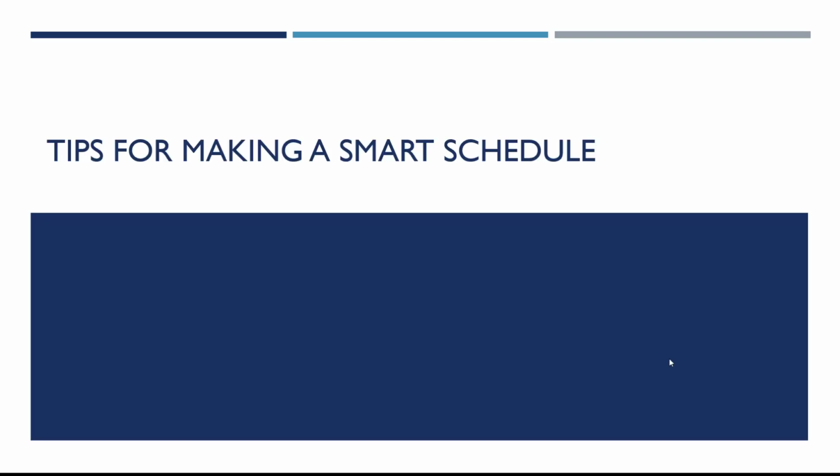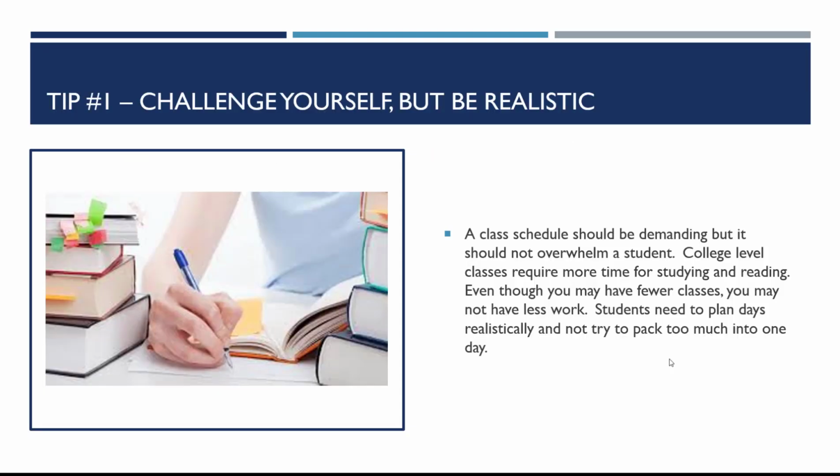Just some general tips for scheduling classes for your next semester. Challenge yourself, but be realistic. During a fall or spring semester, full-time is considered 12 credit hours. 12 credit hours, 15 credit hours, typically average for a full-time student. Granted, you certainly can be part-time here, so if you need to take less than 12, you can.